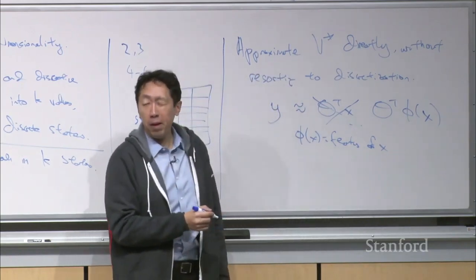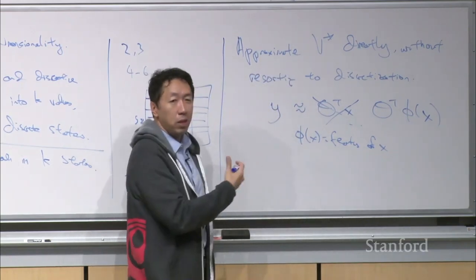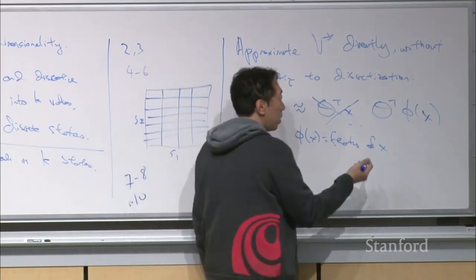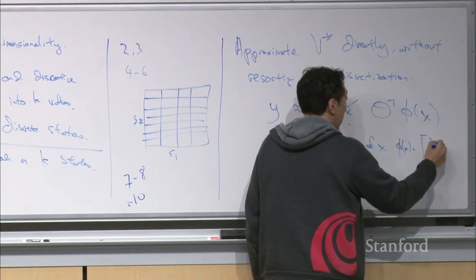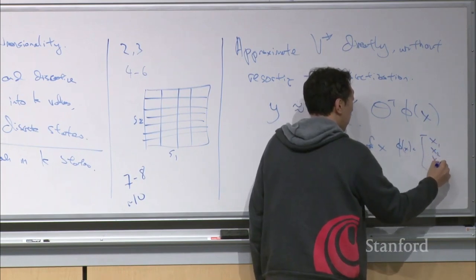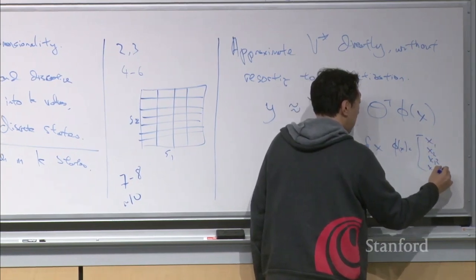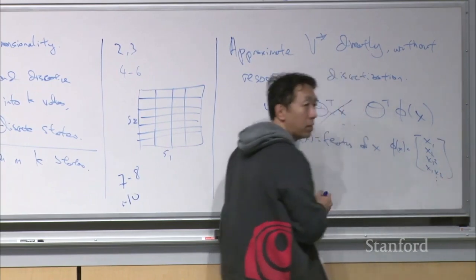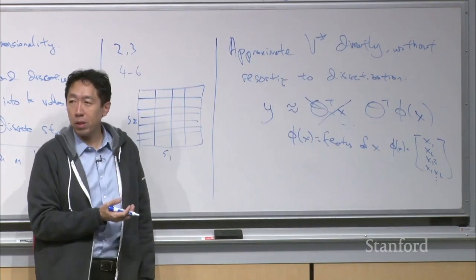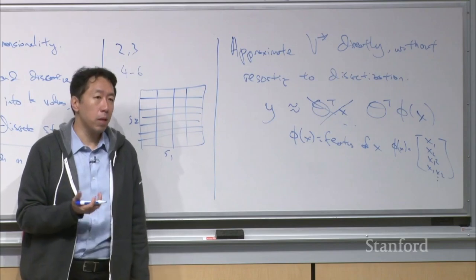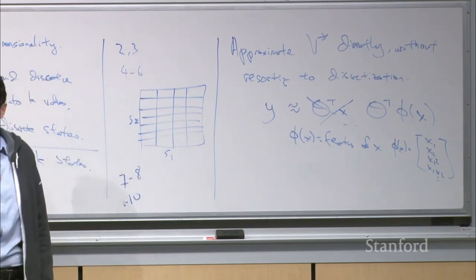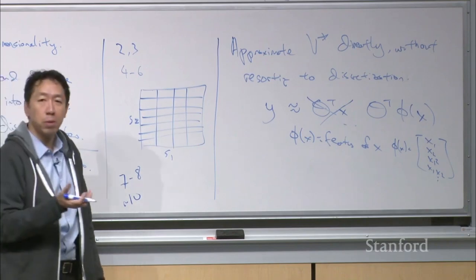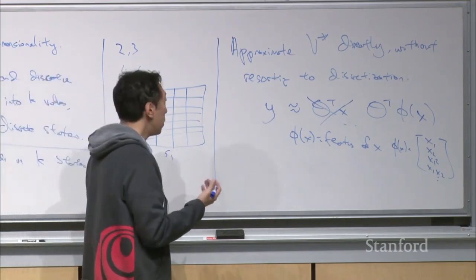So if x describes a house, then maybe phi of x is equal to x1, x2, x1 squared, x1 x2, and so on. That's how you can use linear regression to approximate the price of a house, either as a function of the raw features or as a function of some slightly more sophisticated, more complex features of the house.